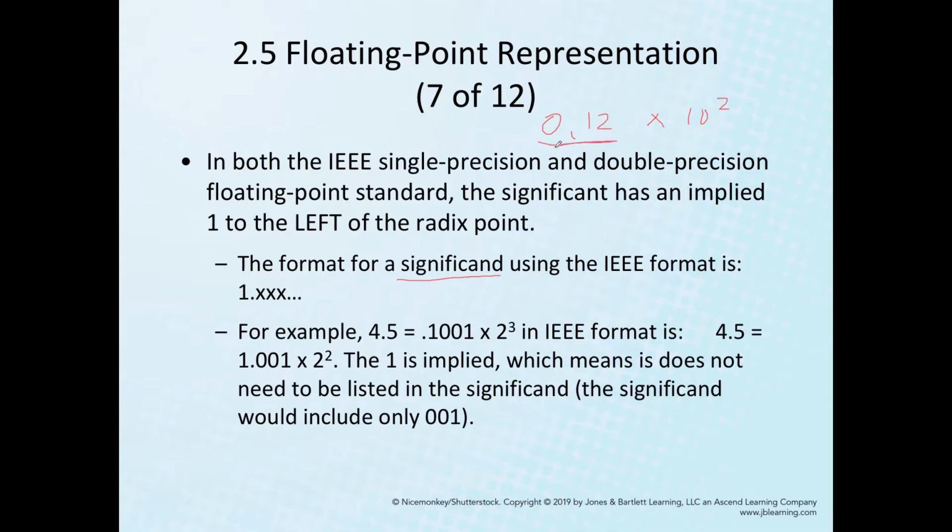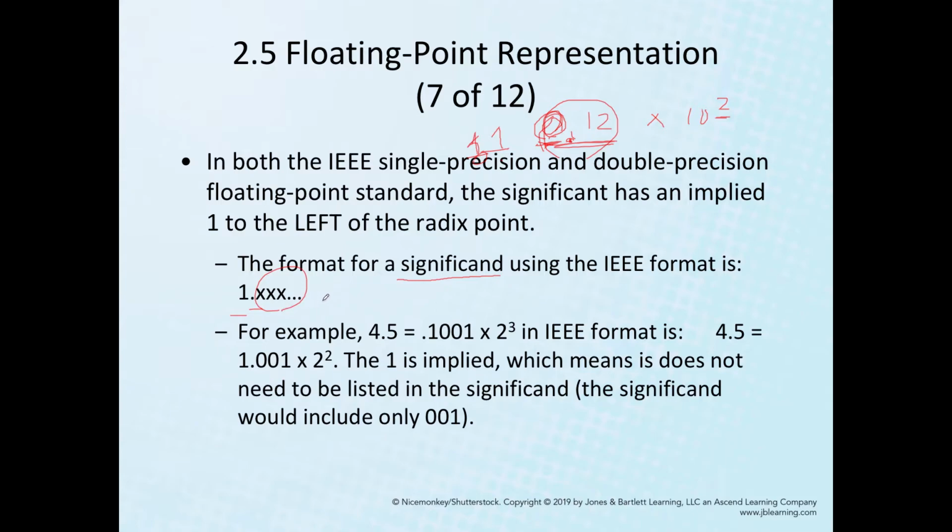In the significand part, always change this value by adjusting the exponent, so that the digit to the left of the radix point is always 1. We do not allow 0. This part should always be 1. There should not be any more than 1. So just 1 only. So 1 point whatever is required.